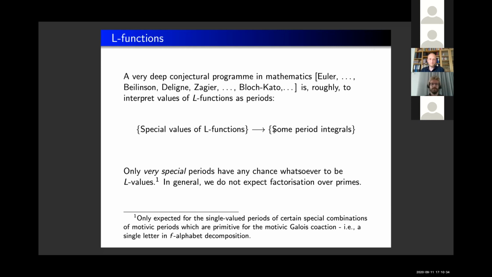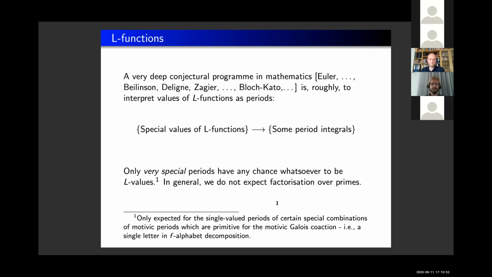Clearly, if we take two numbers with infinite products and we were say to add them together, that's going to destroy the infinite product structure completely. So that's something we're going to have to give up. And only very special periods have any chance to be L values. So I've put a little footnote here.